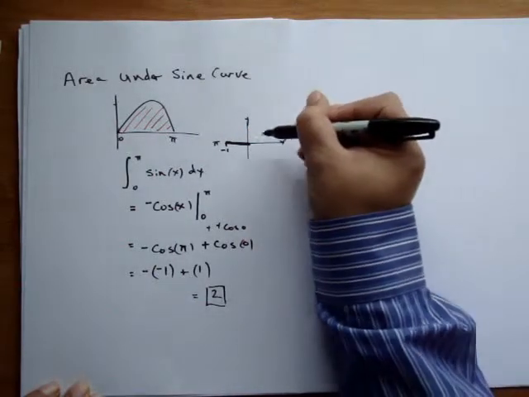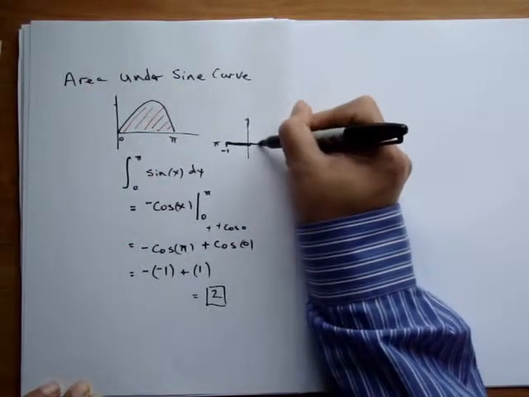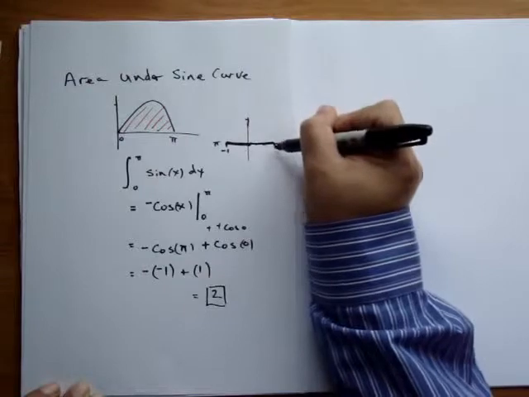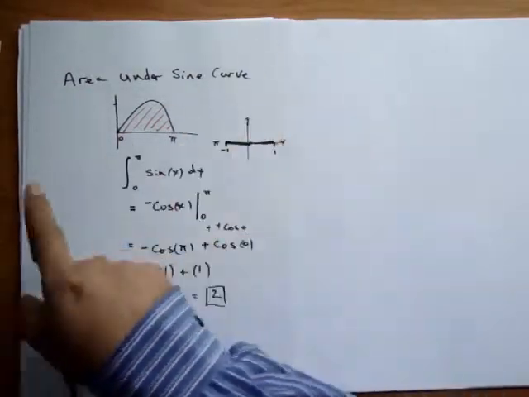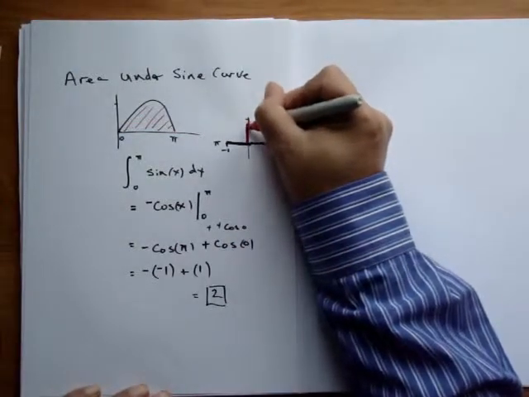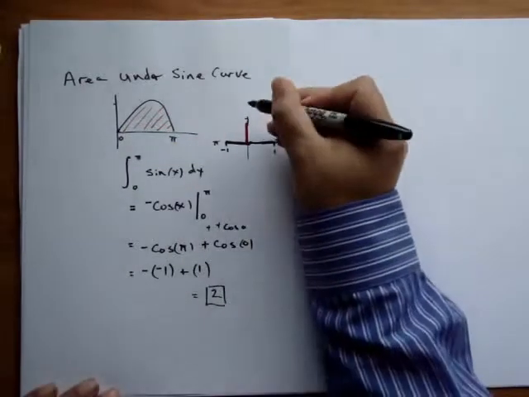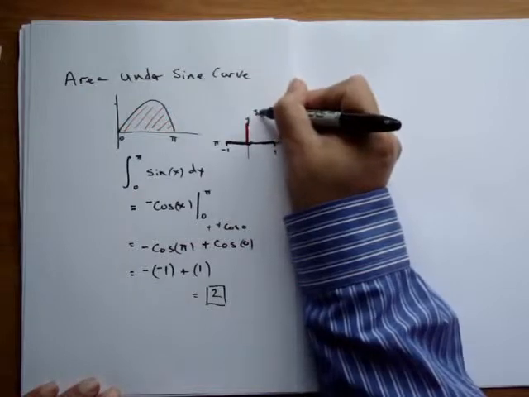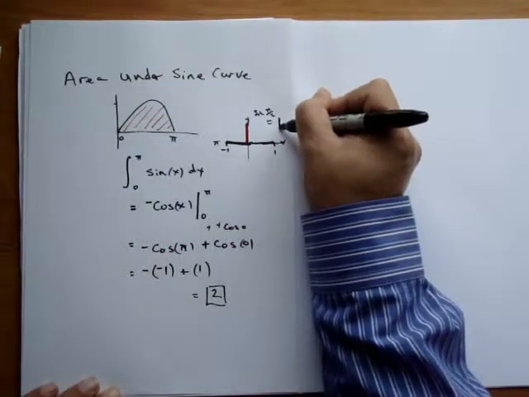Similarly, cos of 0 is the projection onto the x-axis over here, and that would be 1. When we're talking about sine, we talk about projections onto the y-axis, which would be over here. So if it was sine pi over 2, that equals 1.